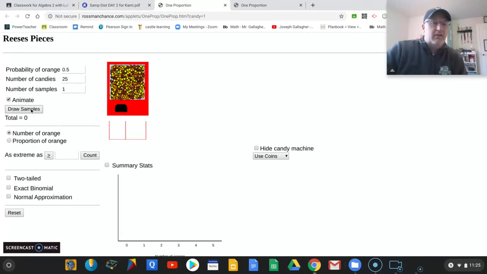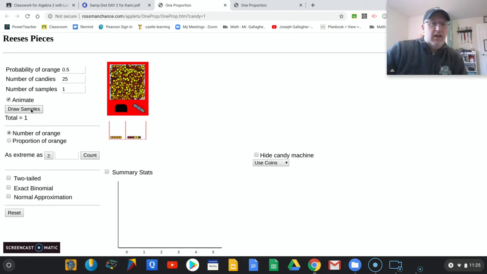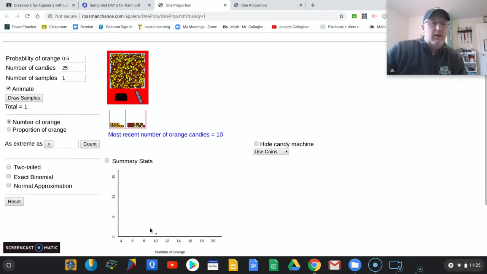When we draw a Robert sample, he takes his 25 Reese's Pieces, and we see he gets 10 out of the 25, which would go right here. Again, we're looking at proportion, so I'll change that to a proportion. He's at 0.40. Before him, I think we have Dominic Townsend. Dominic does the same thing. He gets a proportion of 0.36.